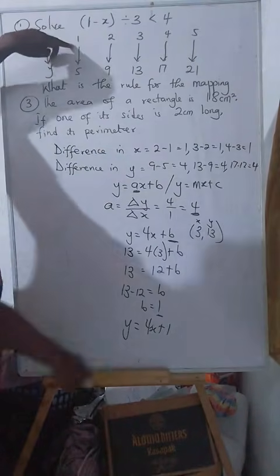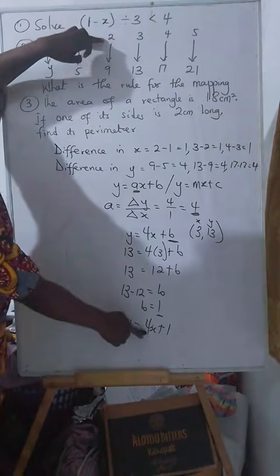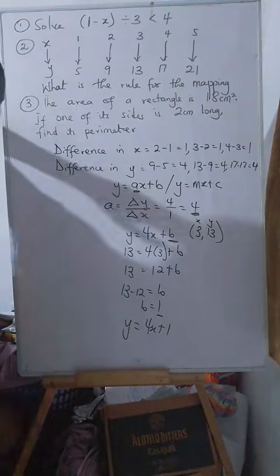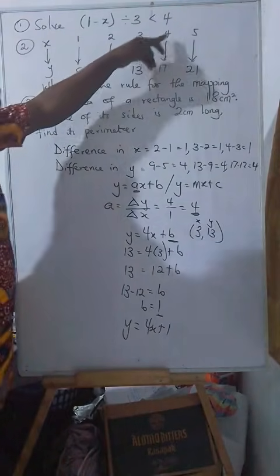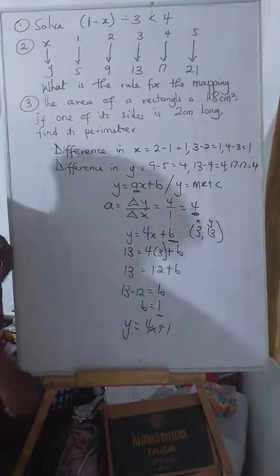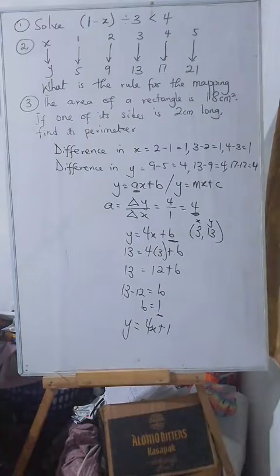Because 4 times 1 is 4, plus 1 is 5. 4 times 2 is 8, 8 plus 1 is 9. 4 times 3 is 12, 12 plus 1, 13. 4 times 4 is 16 plus 1, 17. 4 times 5 is 20 plus 1, 21. Meaning that the rule is correct. Alright, so the last question.